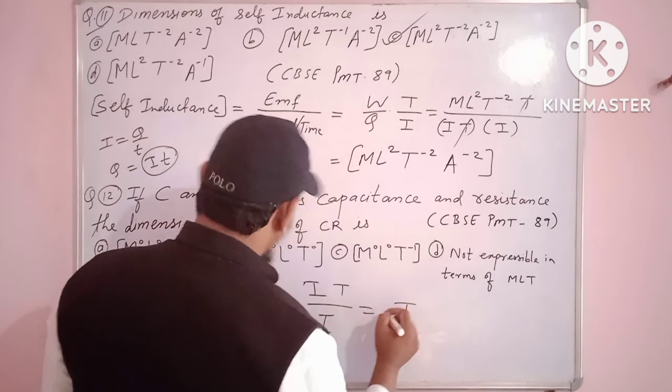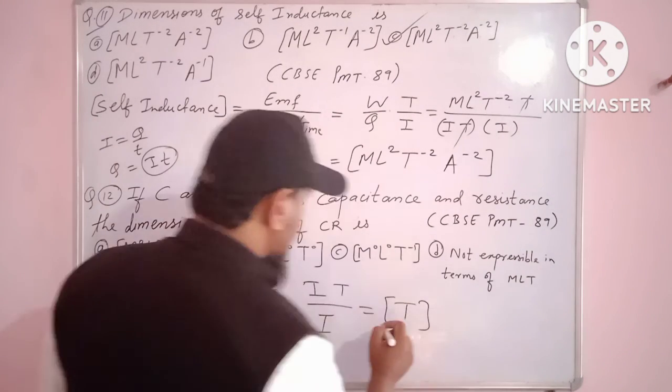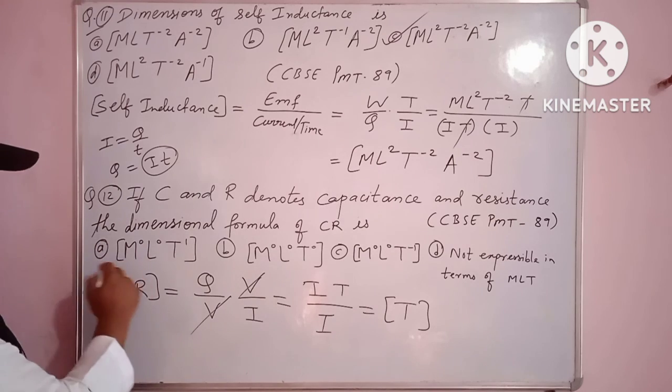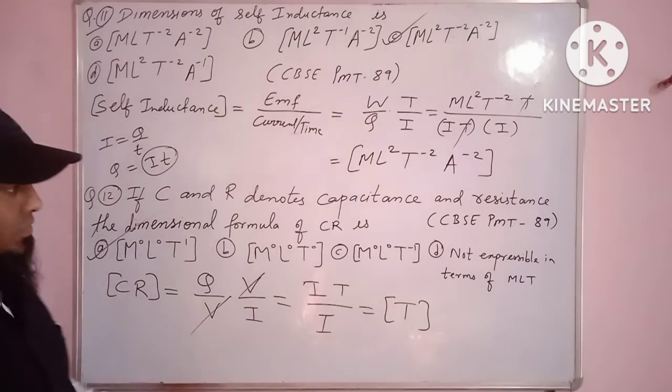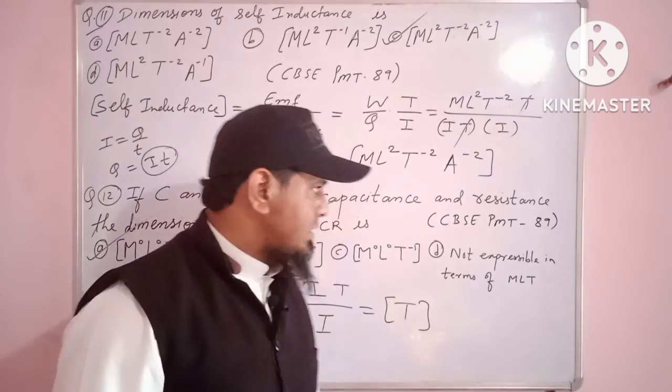T. So the dimensions of CR will be equal to T, that is M0 L0 T power 1. This is also a very simple question, and it was asked in CBSE PMT 1989.